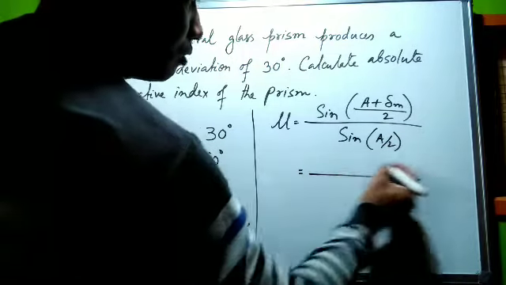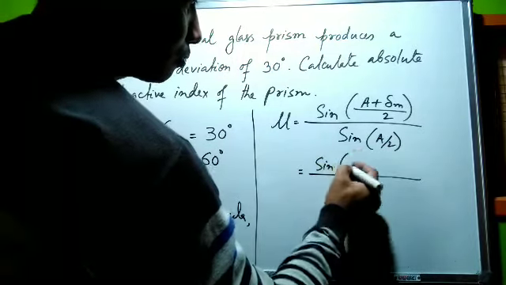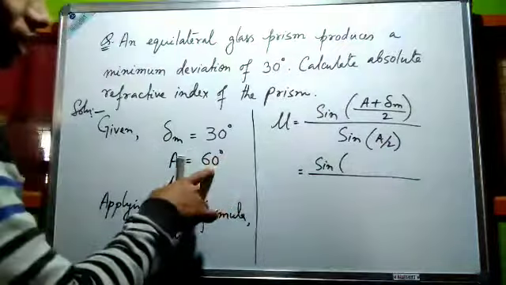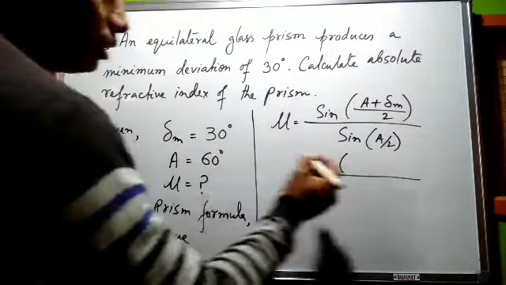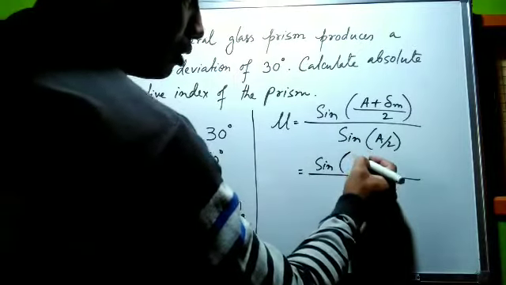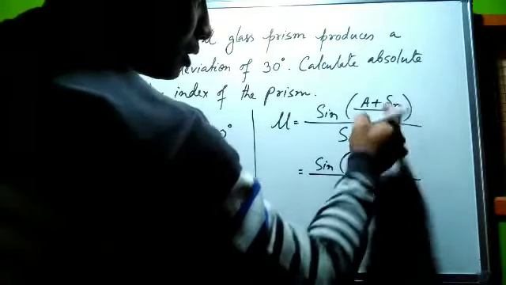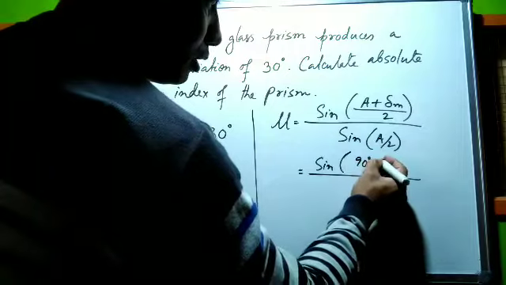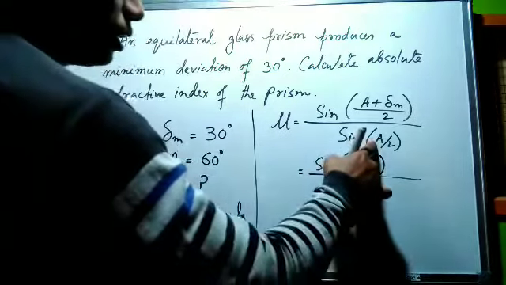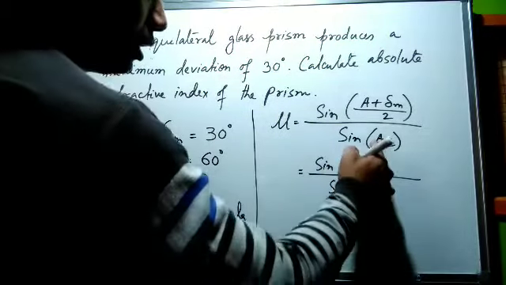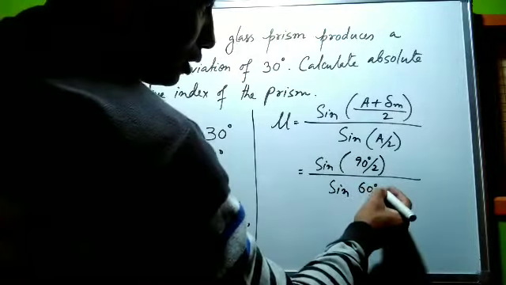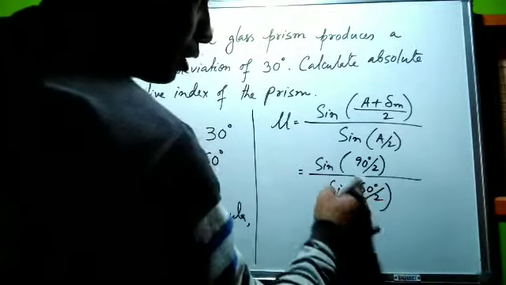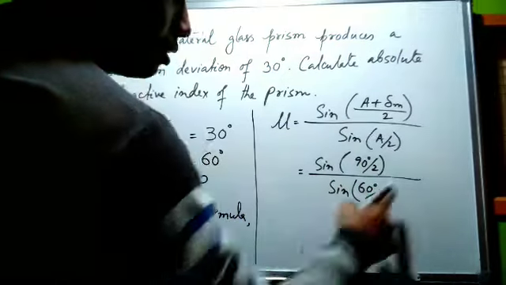A is 60 degrees and delta M is 30 degrees. 60 plus 30 is 90 degrees, divided by 2 is 45. And for the denominator, A is 60 degrees, 60 degrees divided by 2 is 30.